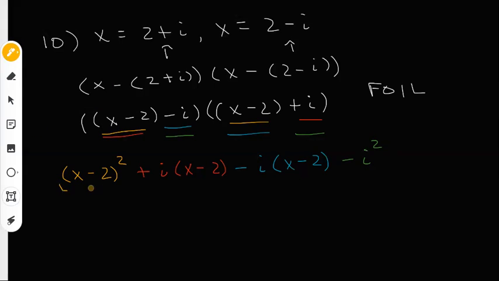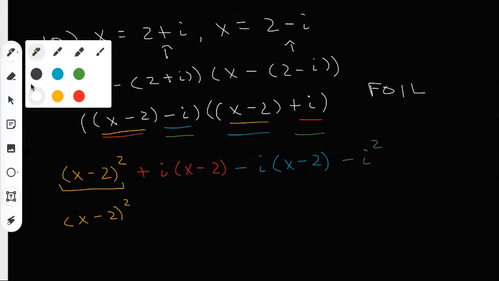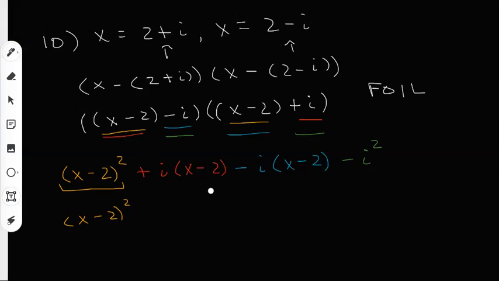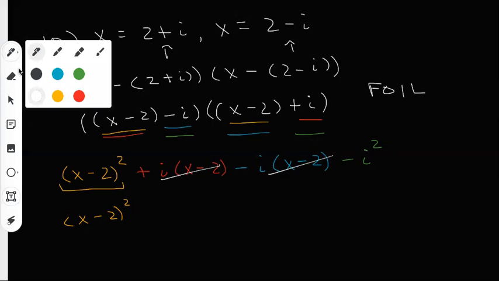So this is going to stay unchanged. I'm just going to bring that down the way it is. The interesting thing to note about the two middle terms is that they're always going to cancel out. Because I have a positive i and a negative i, those are going to add up to give me 0. So I can safely cancel those.